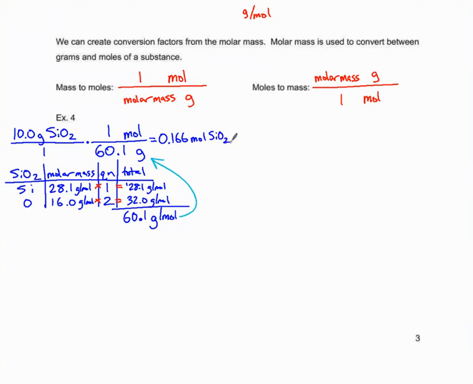It'll be a good habit starting in the next unit. Let's just get it going now. 0.166 moles of silicon dioxide. We figured out this amount of the substance based on a mass measurement that we took in our lab.